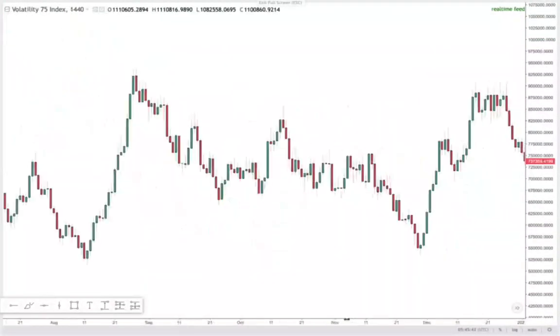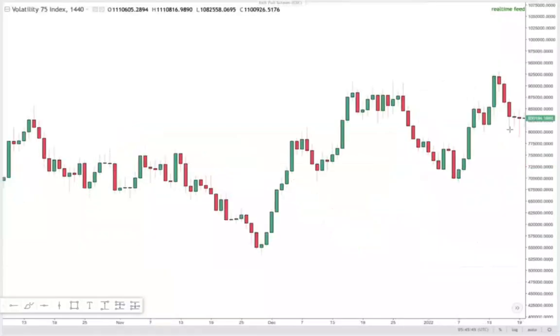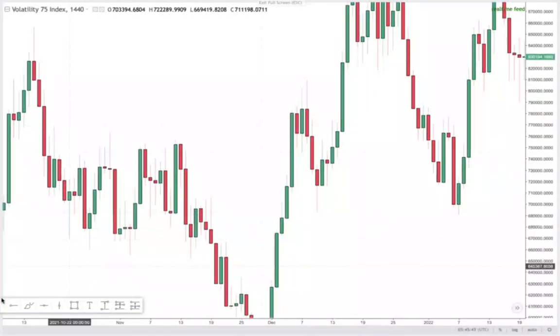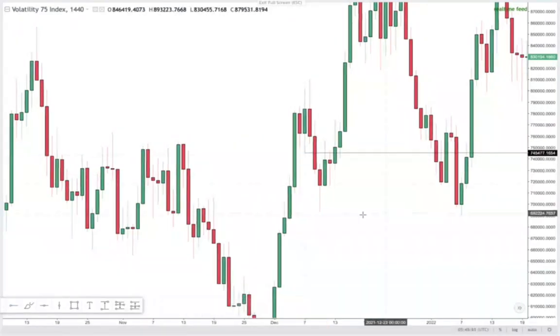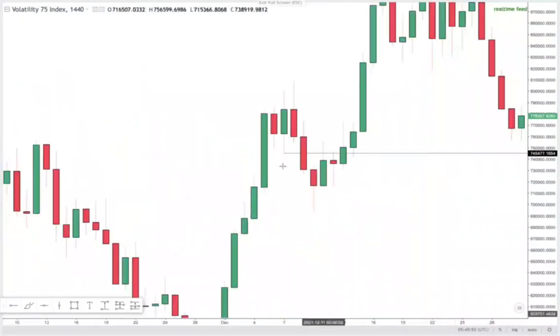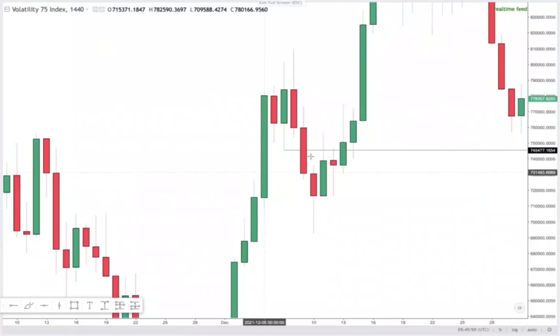Okay, I think we have a hidden structure around here. So we can see that price broke structure right here. After the break of this structure, we're supposed to try to look for a sell right here.